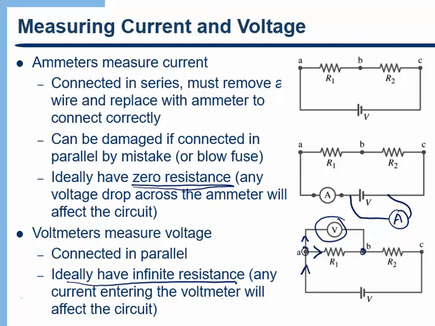The digital voltmeters that we have in the lab have a resistance of about 10^6 ohms, so 1,000,000 ohms. That's a pretty high resistance and works well. You can imagine if resistor R1 is 10 ohms, then a very small fraction of the current is going to go through a resistance of 10^6 ohms instead of going through 10 ohms.